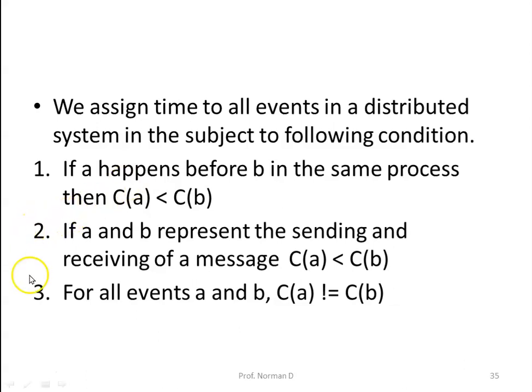If A happens before B in the same process, we can write that the time of A is less than the time of B. If A and B represent sending and receiving of the message, then also the time or the count of A should be less than the count of B. And for all events, that is A and B, the time of A will never be equal to the time of B.